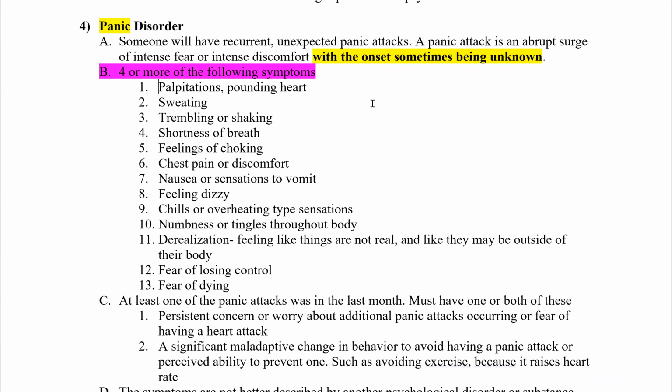Heart palpitations, so pounding heart, sweating, trembling or shaking, shortness of breath, feelings of choking, chest pain or discomfort, nausea or sensations to vomit, feeling dizzy, chills or overheating, numbness or tingles throughout the body, derealization. So feeling like things are not real and they may be outside of their body. So they're observing themselves from above.